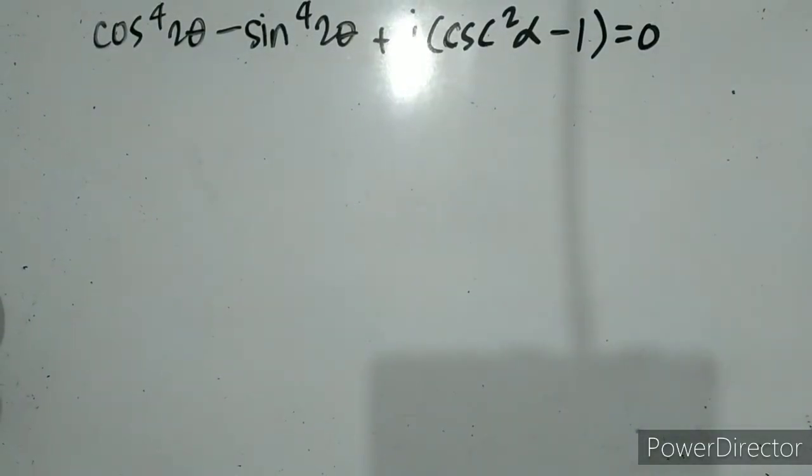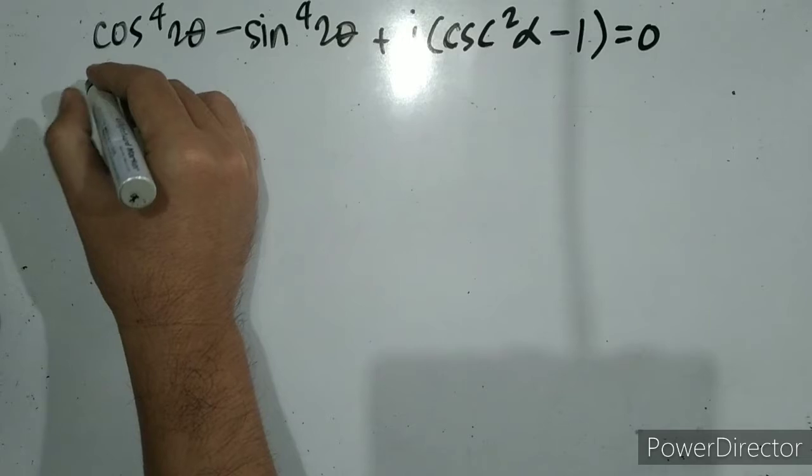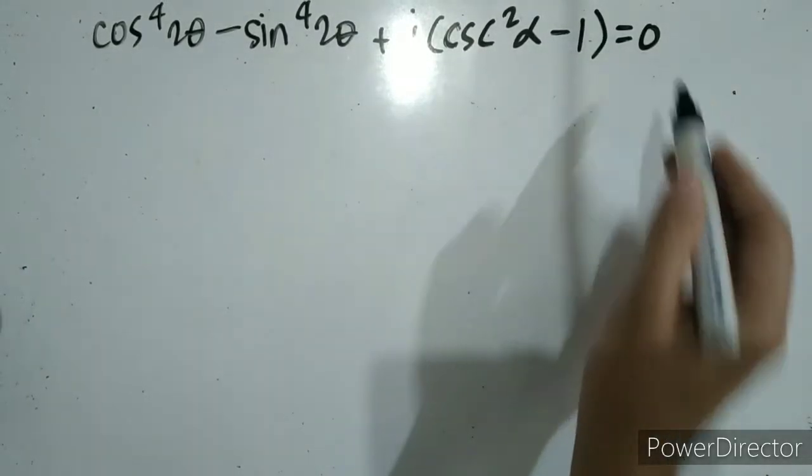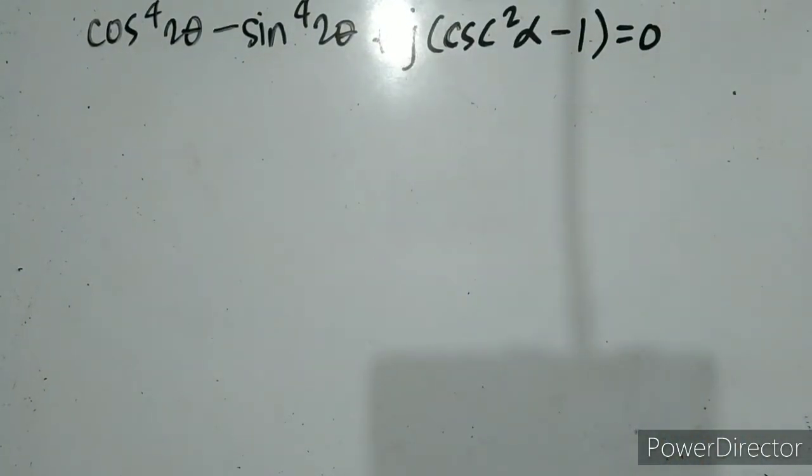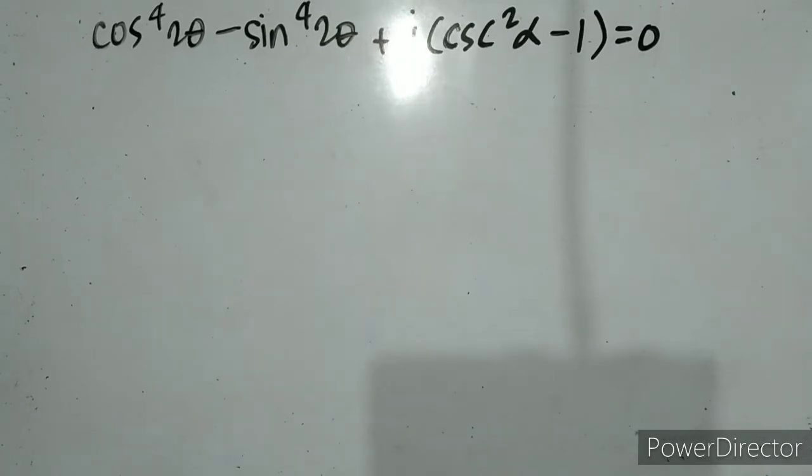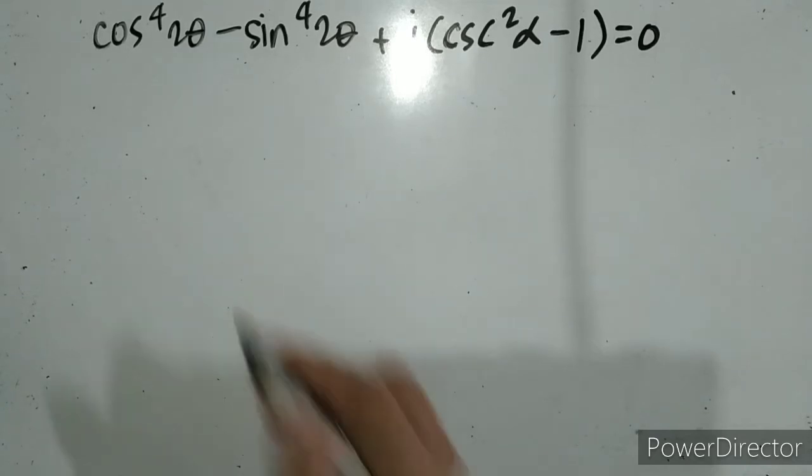So how do we solve for theta and alpha? We use Theorem 1 of complex numbers, where we equate the real part to 0 and the imaginary part to 0, because Theorem 1 states that if a complex number is equal to 0, then both its real and imaginary parts are equal to 0.